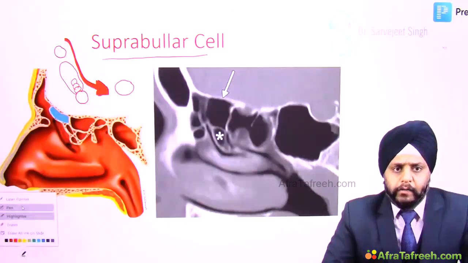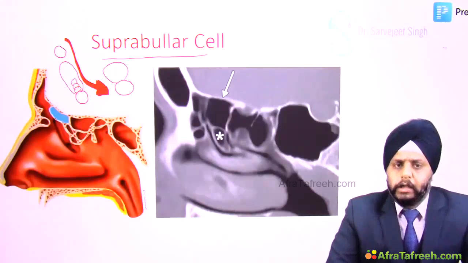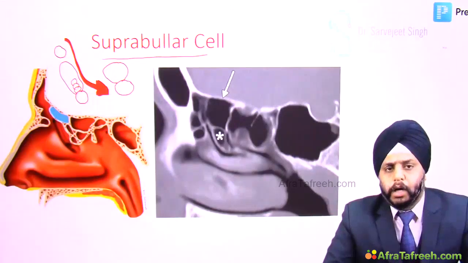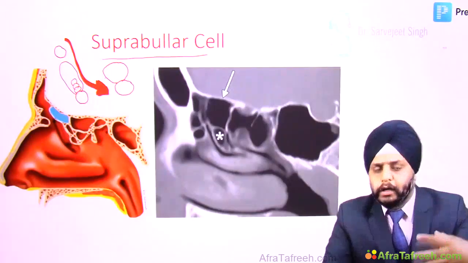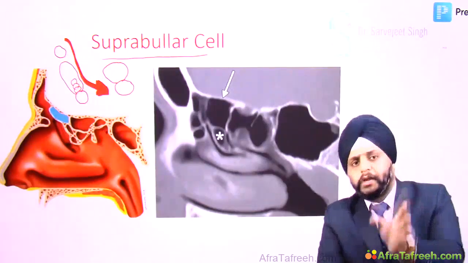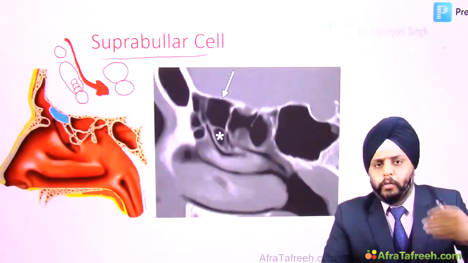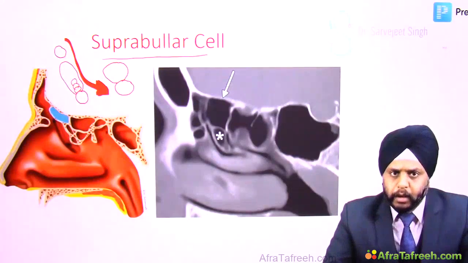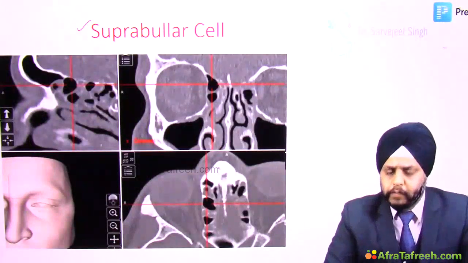Now any cell that lies above the bulla ethmoidalis is known as a suprabullar cell. You see this suprabullar cell lies in the posterior wall of this drainage pathway. So this is known as the suprabullar cell. It lies in the posterior wall of the drainage pathway, right? So that is the suprabullar cell.